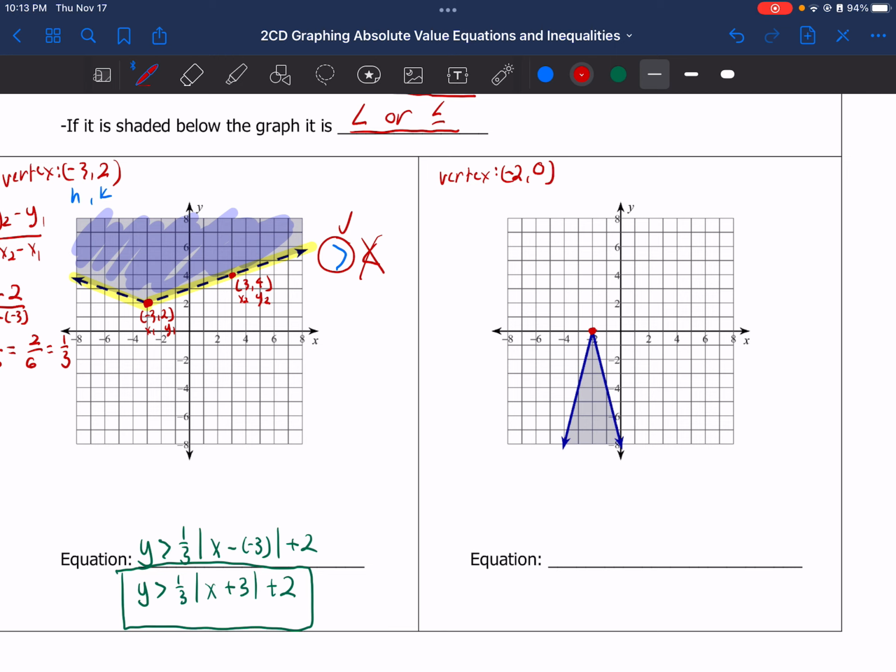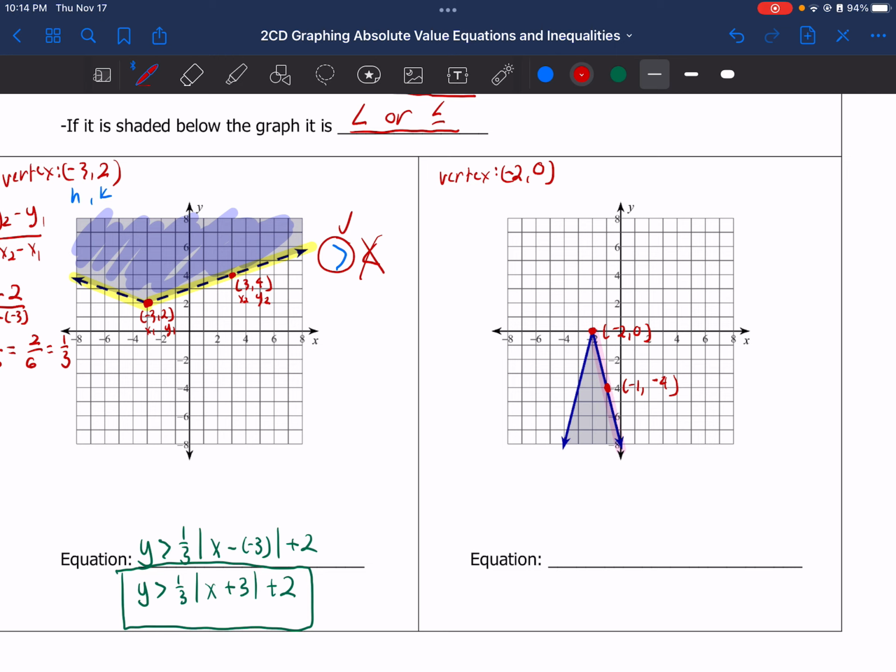Now we're going to look at our right side right here. And we're going to find a point on that graph. Well, there's a nice point at -1, -4. So we have -1, -4, and we have -2, 0. We're going to put this into our slope formula.